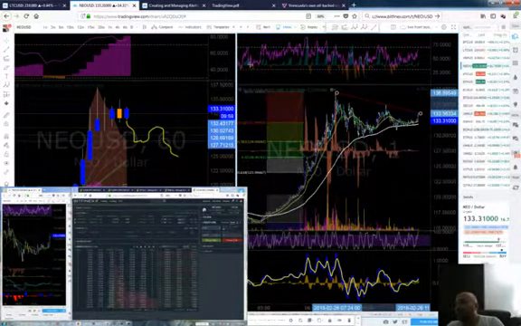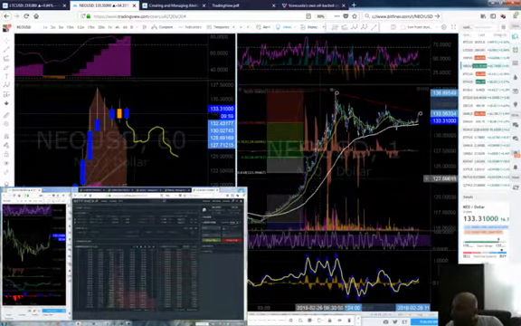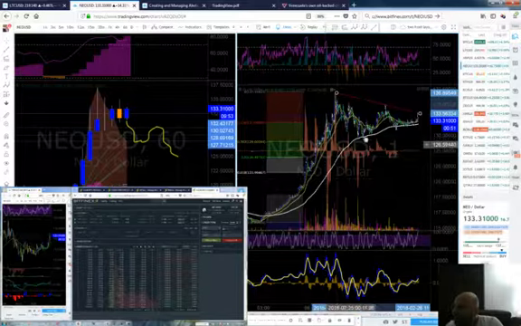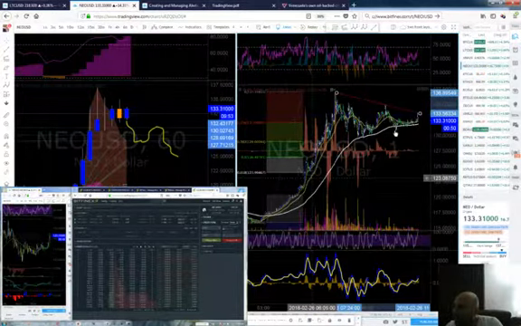And we are riding the support of the 200 moving average, which is this white line.